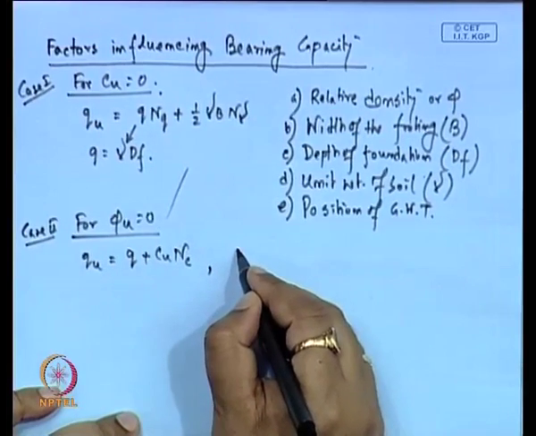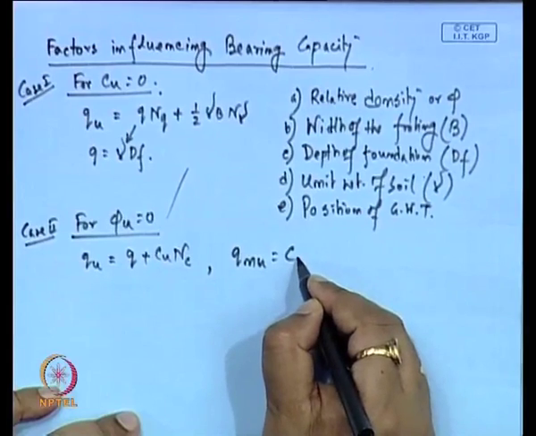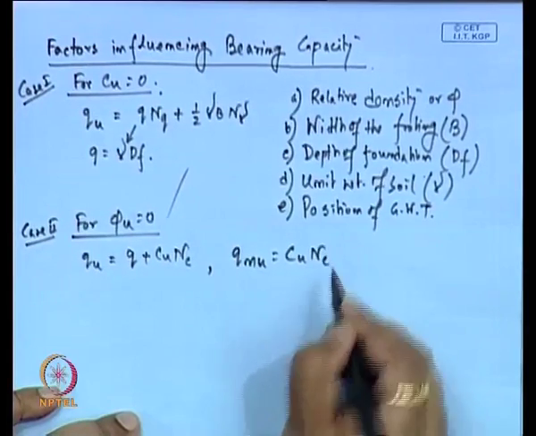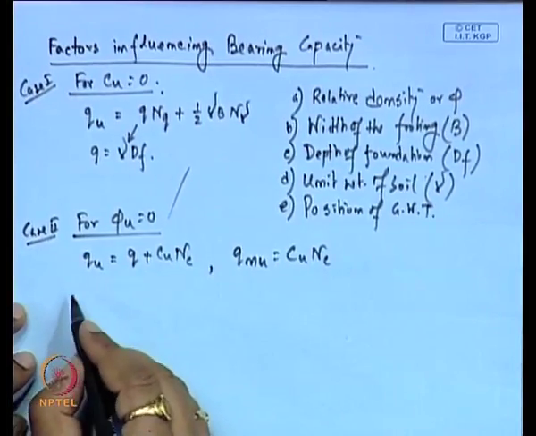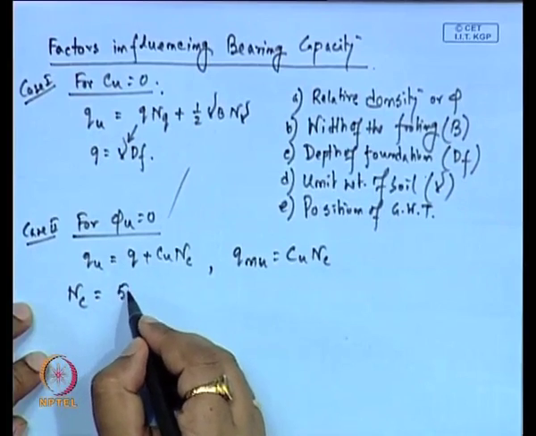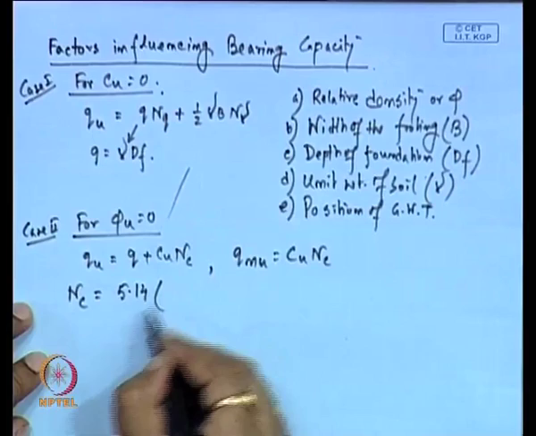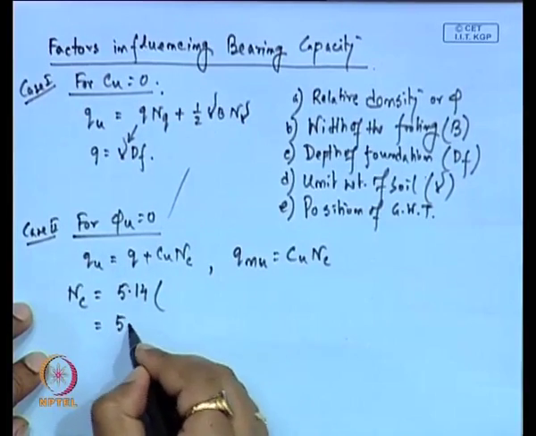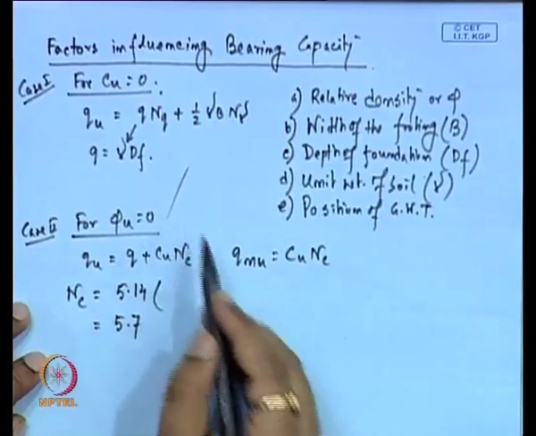Similarly, we can say that the net ultimate will be Cu Nc. Now, the Nc value is given as 5.14 to 5.7. So, this is the range of this Nc value if phi is equal to 0.